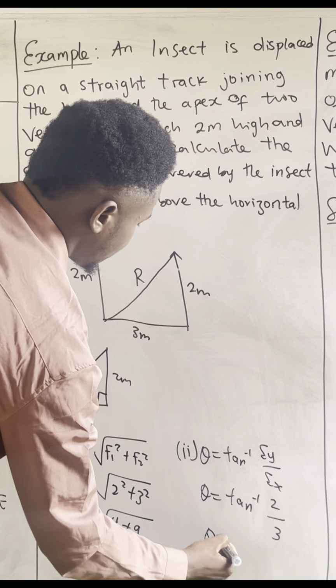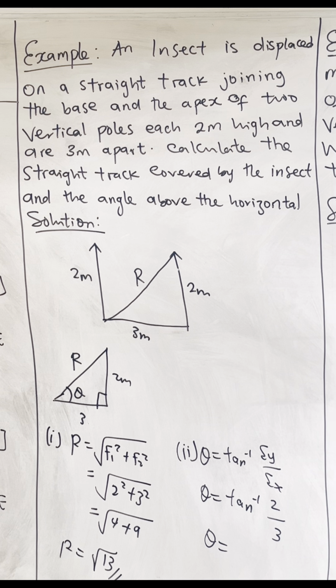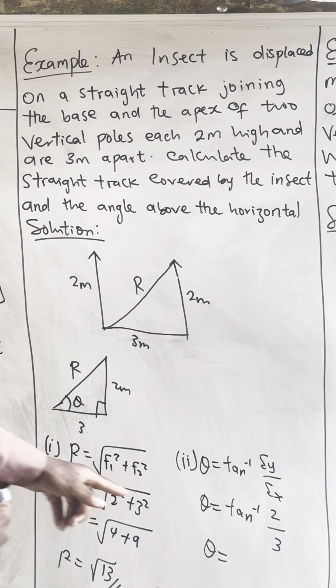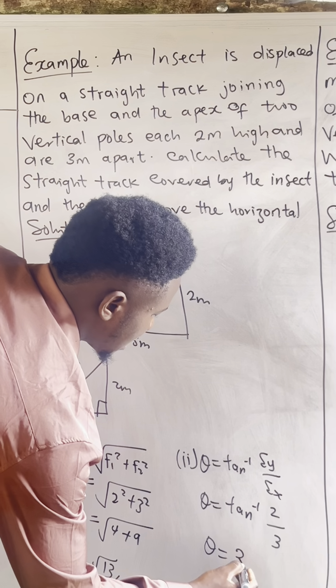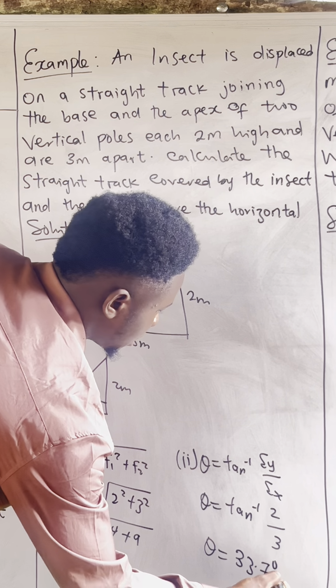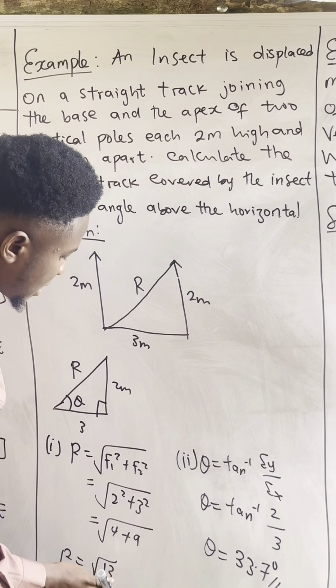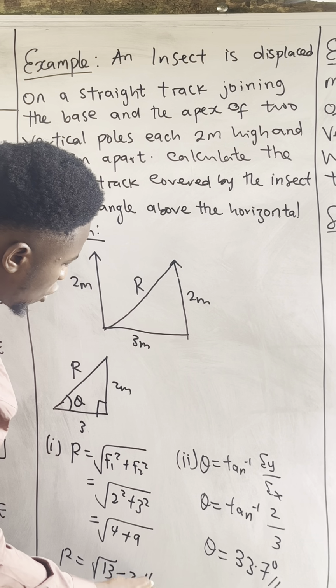So my theta equals 33.7 degree. And this simplified can give me 3.4 meter.